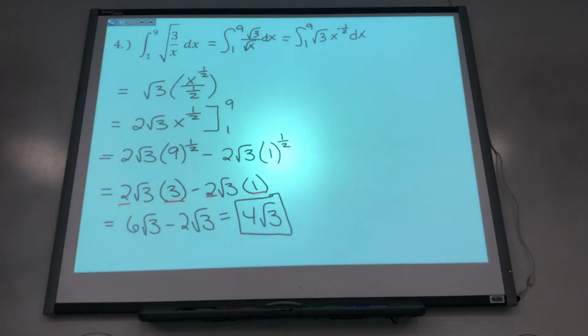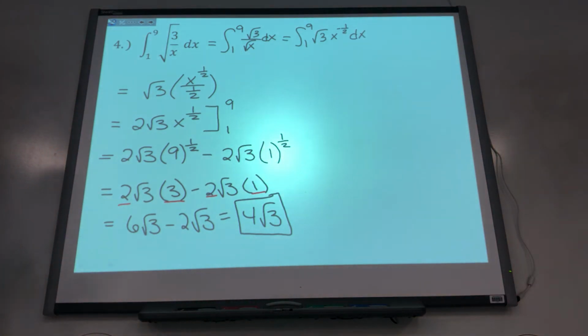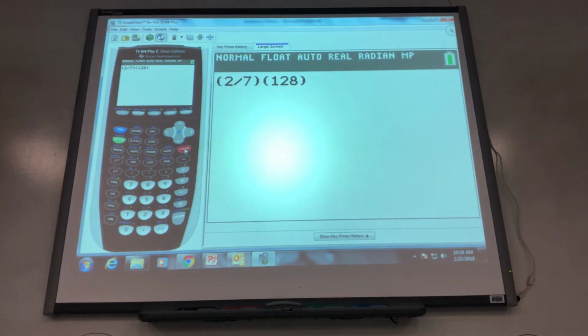Now, the part that you'll enjoy seeing is the part where you can check this on your calculator. So if you don't have one yet, I'm going to pull mine up here so you can see what I'm doing. If you have one with you, make sure you've got it out. I always have to warn before I show this.